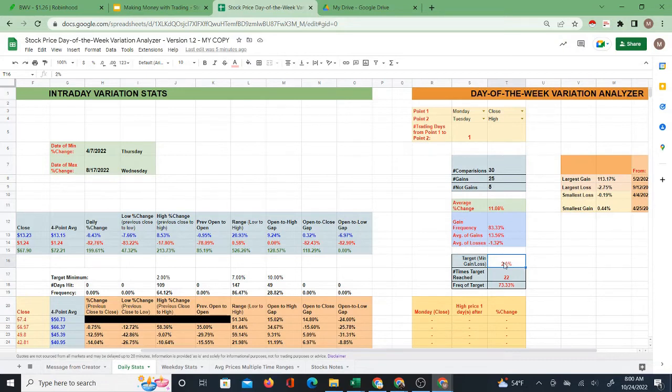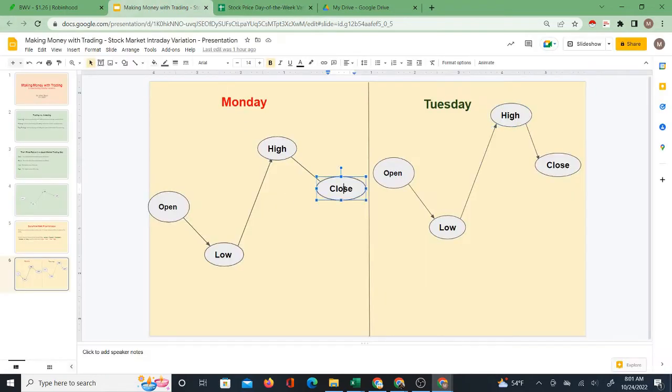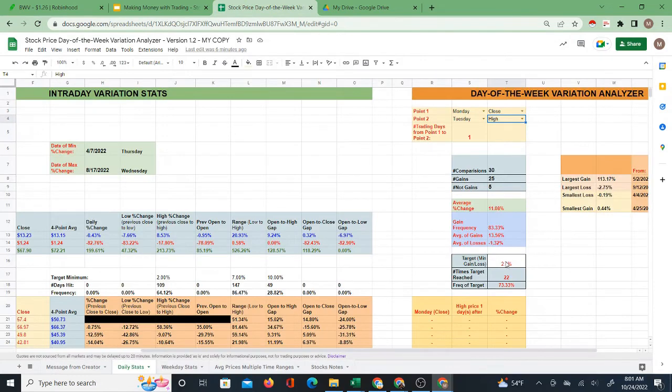Basically what you're asking here is how often did it go up 2% or more, because this is just the minimum, from Monday's close to Tuesday's high. So from Monday's close to Tuesday's high, how often did it go up 2% or more?